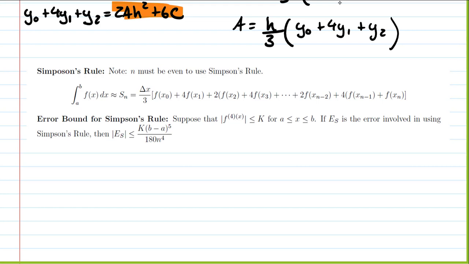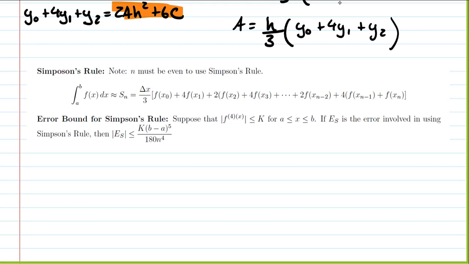And then it's going to be y4, y5, and y6. So y2 is going to get counted twice. And that's where we get these 2's that are popping up in every other term, because they're the end of each of the parabolas. So they get counted twice. And that's why Simpson's rule goes 1, 4, 2, 4, 2, 4, 2, 4, 2.